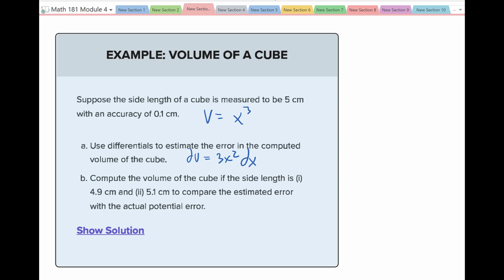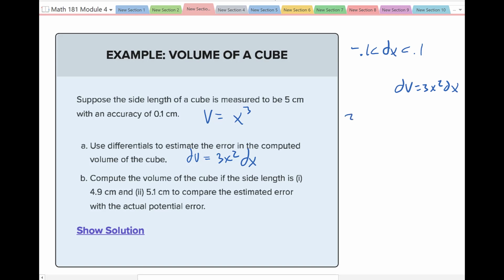Okay, so the dx, this small variation in value, is going to vary between negative 0.1 and 0.1. So that means our dV was 3x squared times dx. To get to this dV, that's 3x squared dx, I can multiply everything by 3x squared.